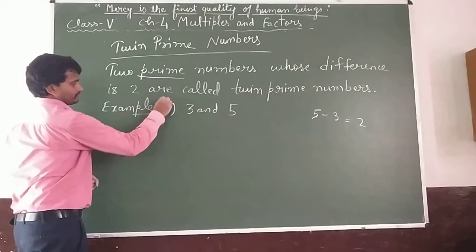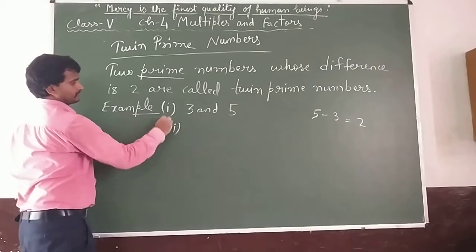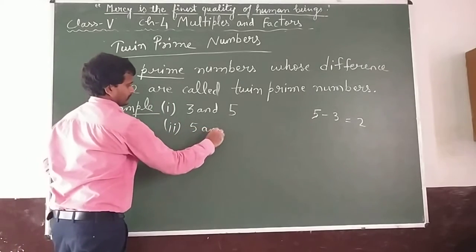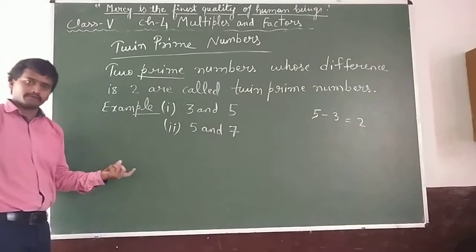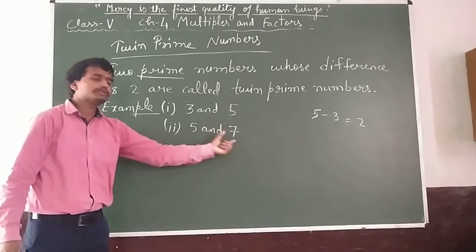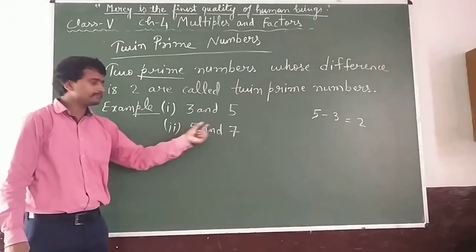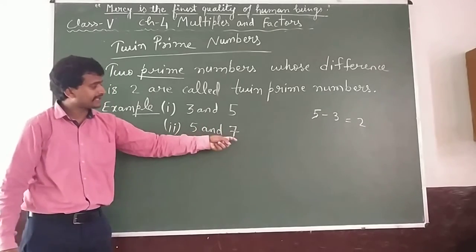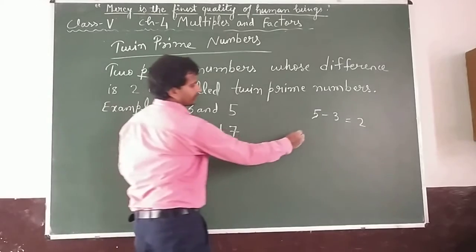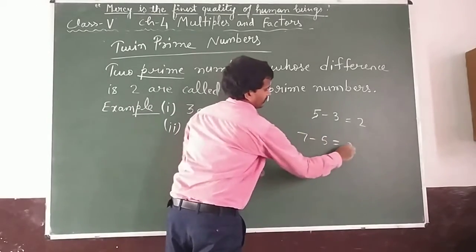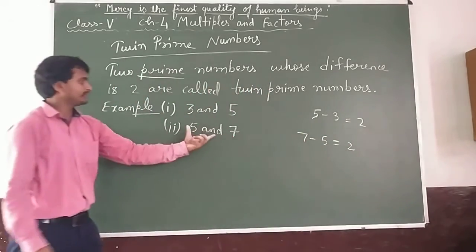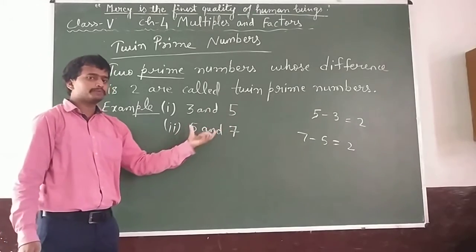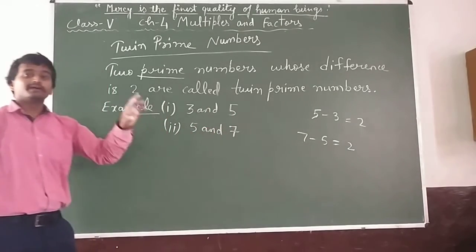Similarly, 5 and 7, both are prime numbers. 5 is prime, 7 is also prime, and difference between them, larger number minus smaller number, is 2. That means 3 and 5 are twin primes, 5 and 7 are twin primes.